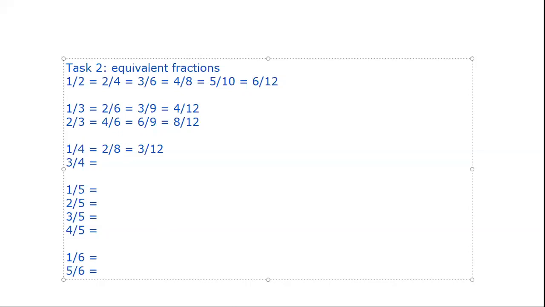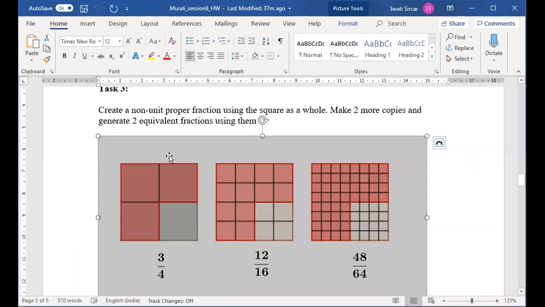Now task 3. Some of you did task 3 well, but I want to mention, for example, if this is how you did your task 3, where you have created an equivalent fraction and then you have made 2 copies of it and you have formed an equivalent fraction, this is correct, absolutely no doubt about it.